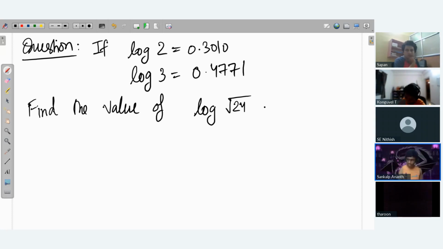It's just square root 24. It should be some decimal, the answer.